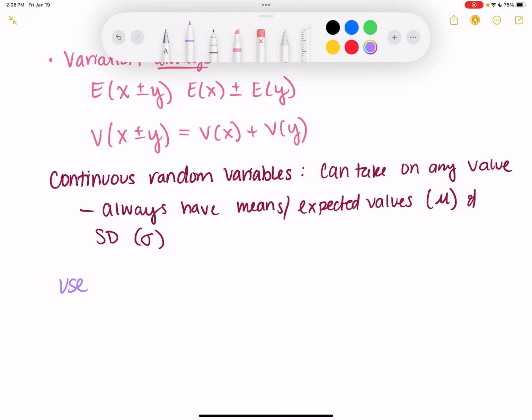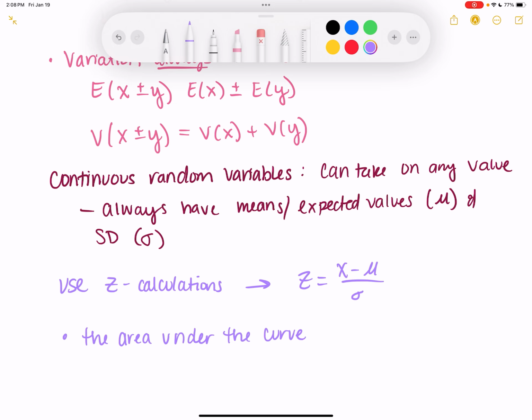All right. Use Z calculations. The formula is Z is equal to X minus mu over sigma. The area under the curve is also the probability that the variable is in the interval.